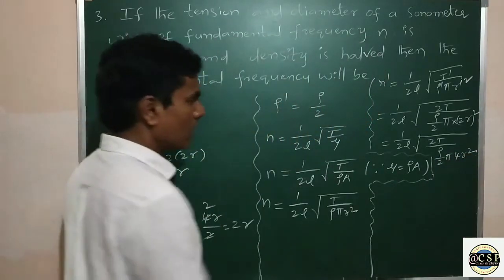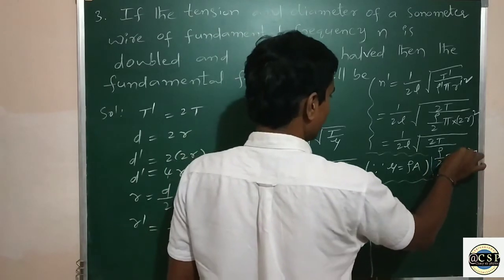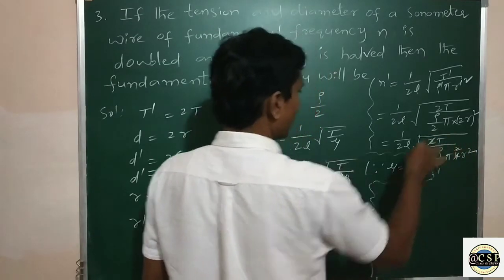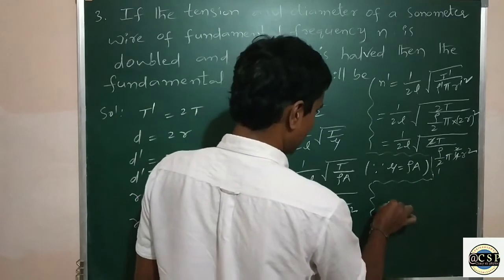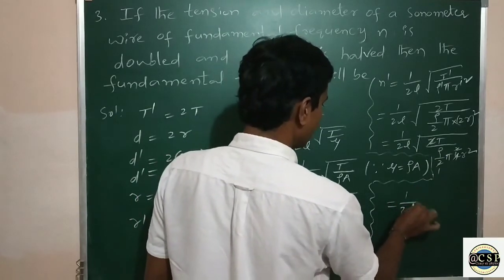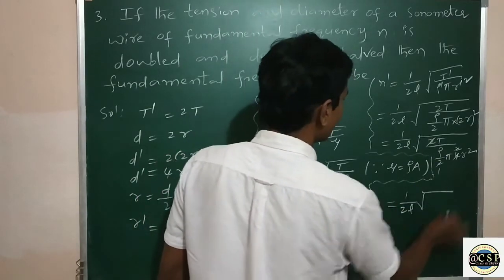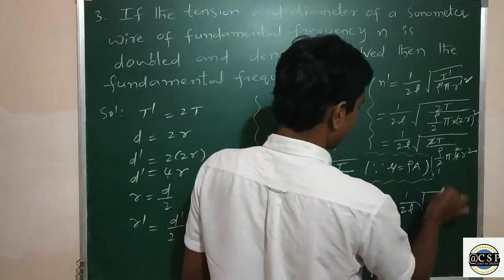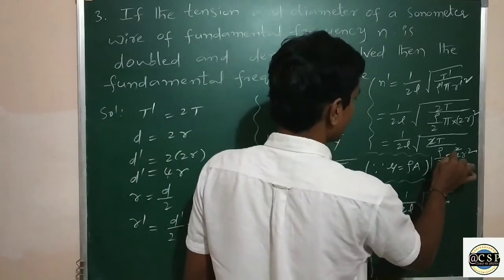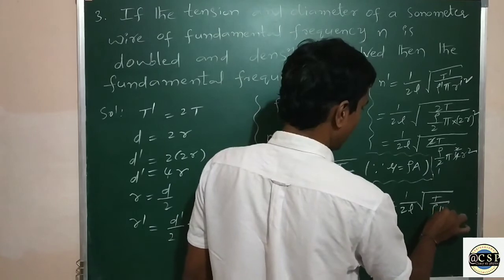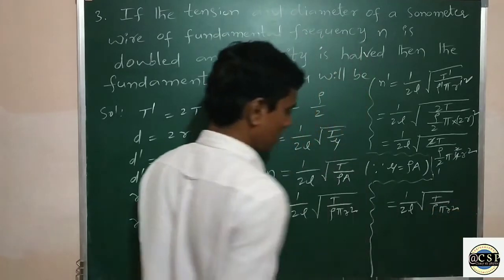Now the 2s get cancelled. The remaining part is 1 by 2L root, T by rho pi r square.